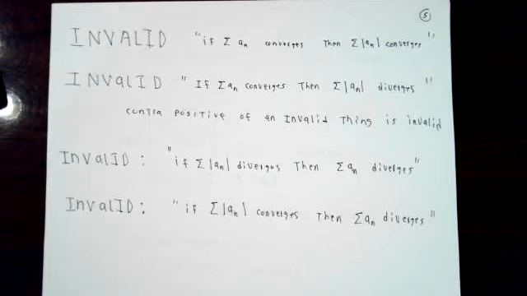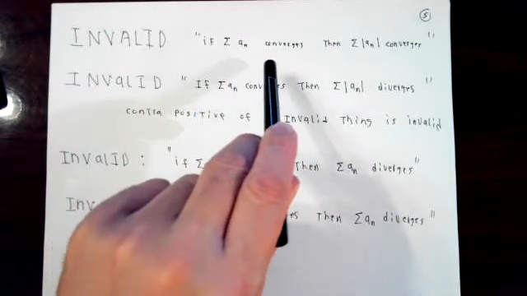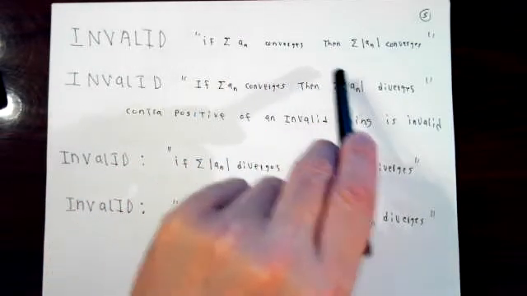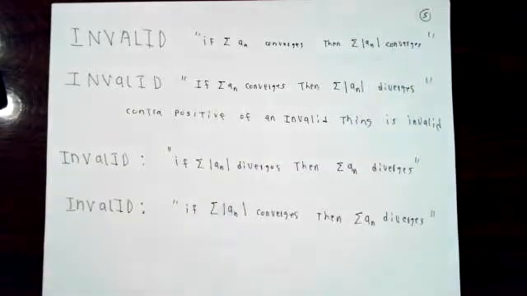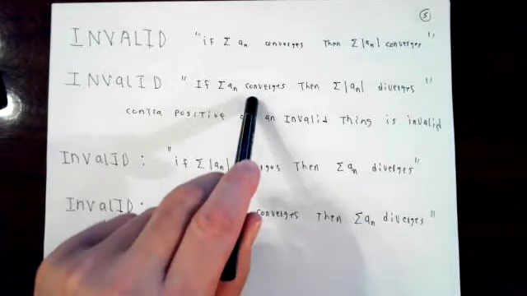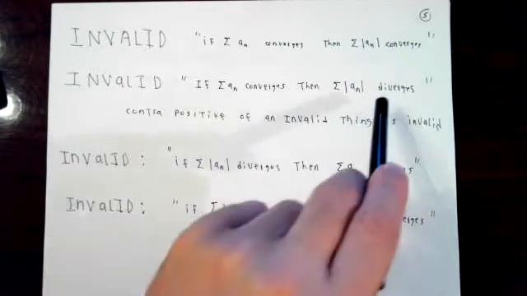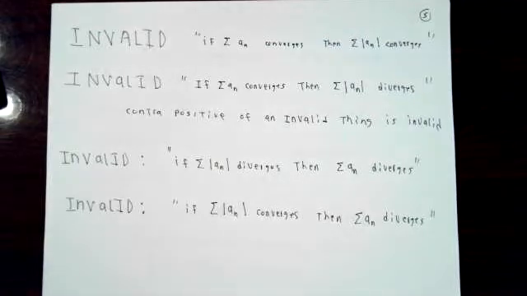But at least we can make certain things obvious as incorrect logic. If you start off, if the sum of the ANs converges then, and you try to say anything about that series, your logic is wrong. If you say the sum of the ANs converge, then again, you can't say anything about that series.